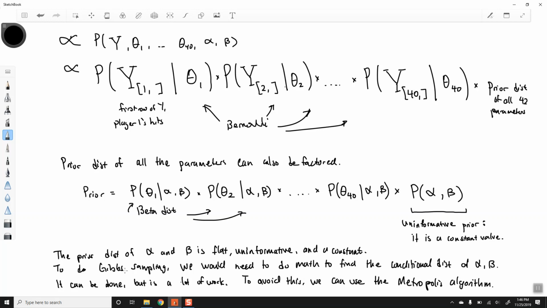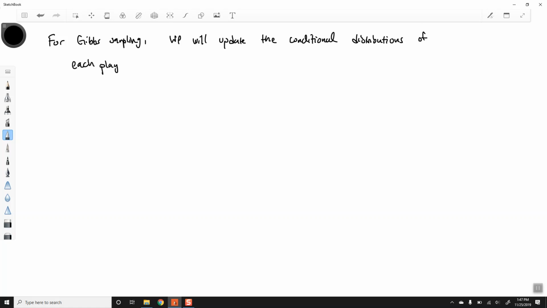Okay, so using what we have learned about conjugate priors and all of that, for Gibbs sampling, we will update the conditional distributions of each player after seeing the data.